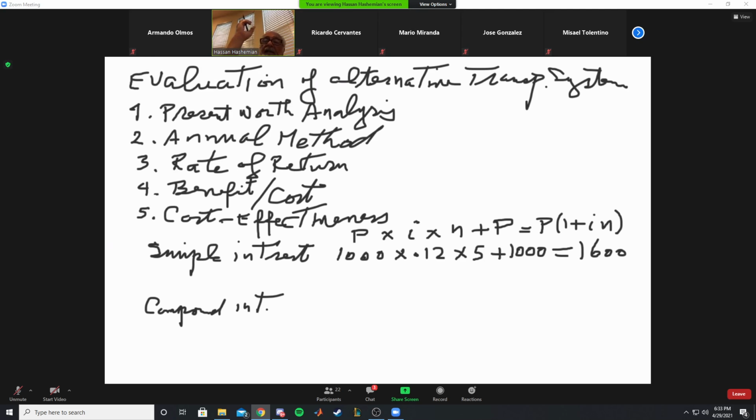Now to calculate that, let's say that you have year 1, year 2, year 3, and then you go to year N. What would be your cash flow? On year zero, let's say you have $1,000.